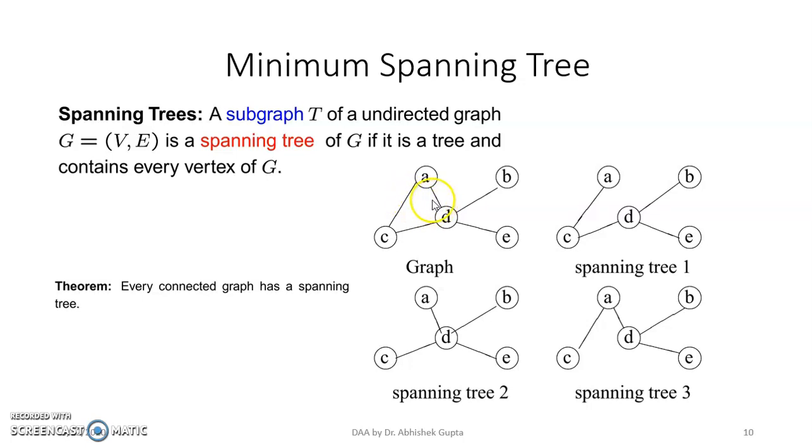If we remove this edge, then this will be the tree. If we remove this edge, then this will be the tree. So in this case, by using this graph, I can make these three spanning trees, and every such tree is called a spanning tree, right?